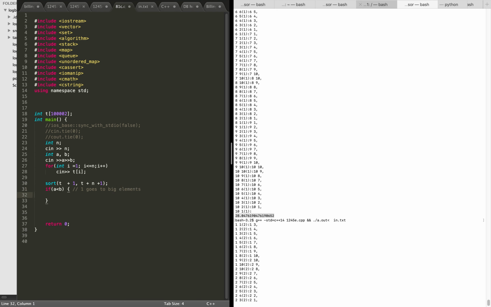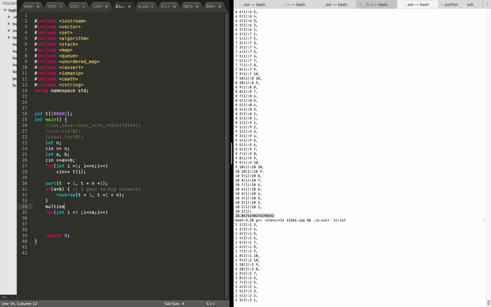Since a is less than b, we should be giving the high elements to the smaller set, which is a, else we'll pick from the largest. So in this scenario, just reverse t. Now we'll pick the starting a elements and then the rest of them will be here. That should be straightforward.